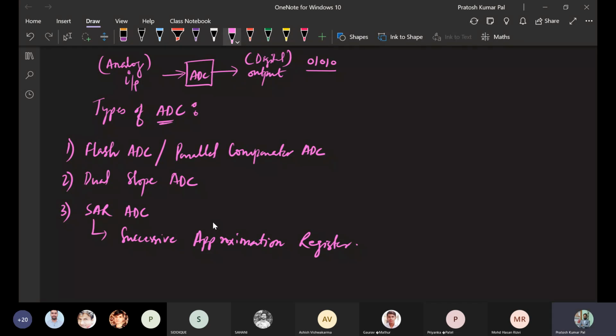So the next one is the successive approximation register, that is the SAR type of ADC. So in this topic, the ADC part, we will see flash ADC, dual slope ADC, and SAR ADC. All the three we will be seeing. The first we will see is the flash ADC.